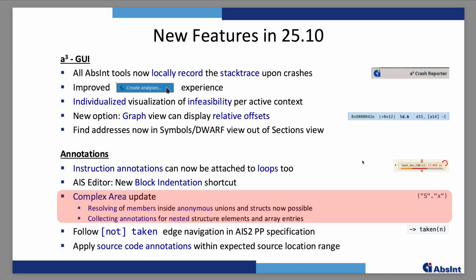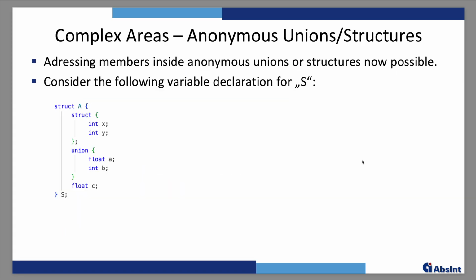The next update on our list affects complex areas and the annotations of them. The first new thing is that you can now address members also inside anonymous unions or structures.